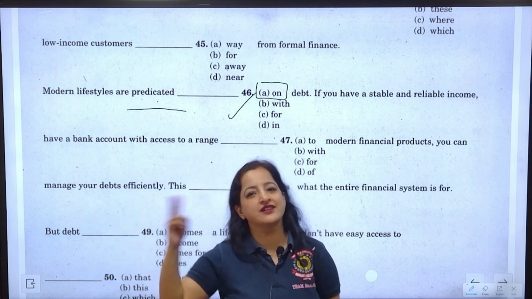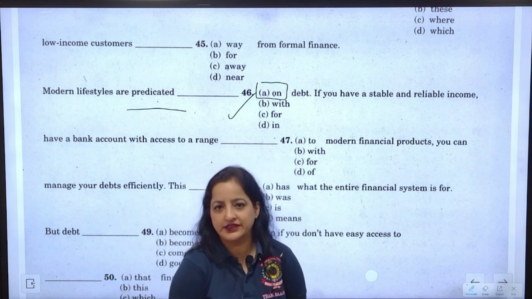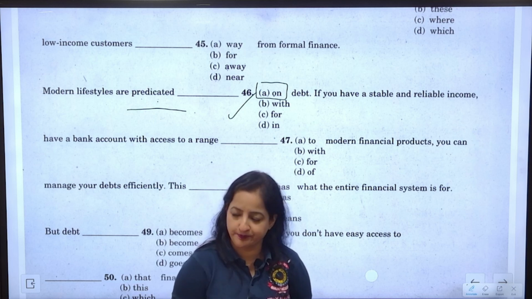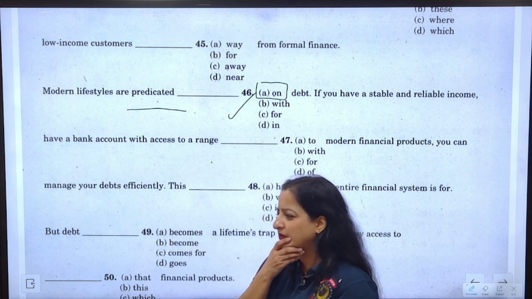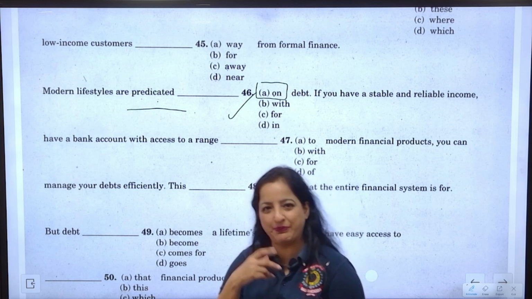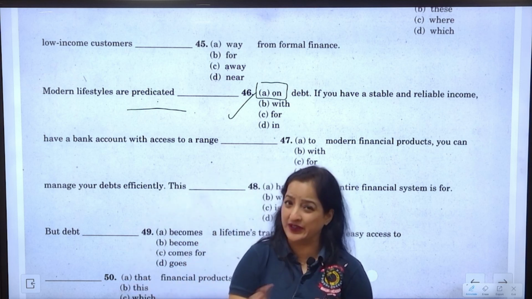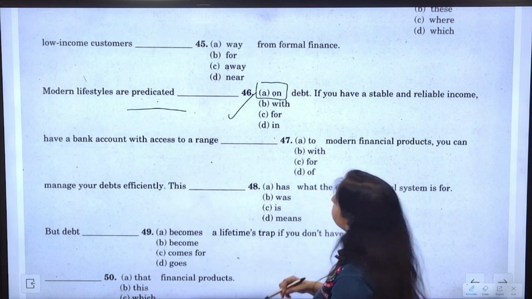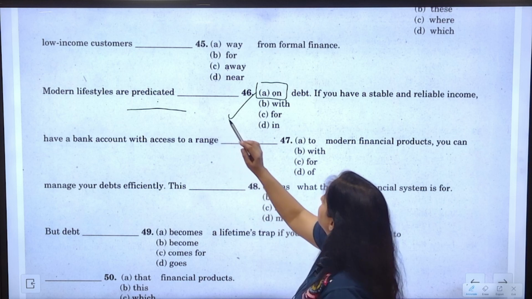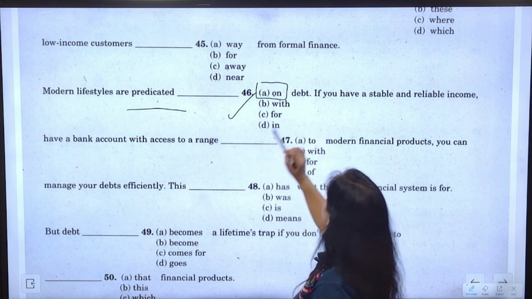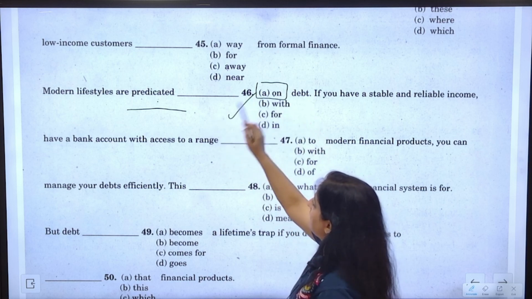They are interlinked and interdependent. Loosely speaking, I would say dependent on. After predicated we always use on. So, modern lifestyles are predicated on debt, a fixed preposition after predicated.